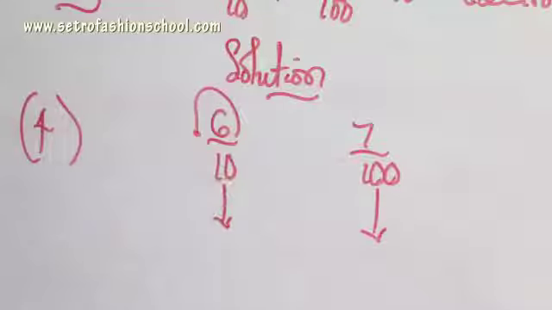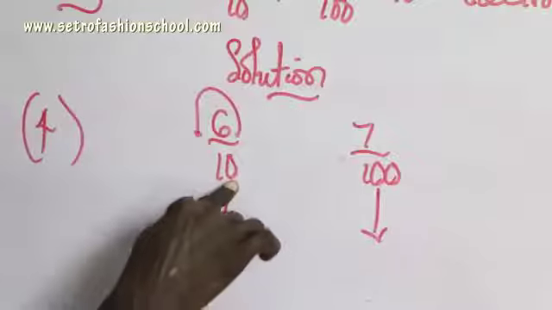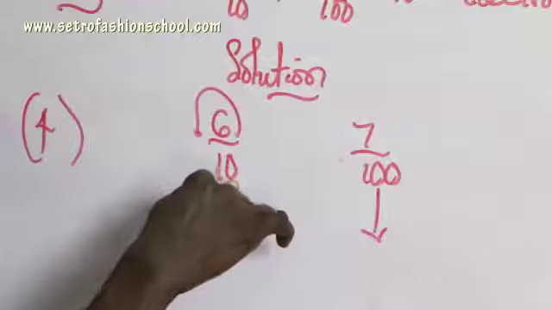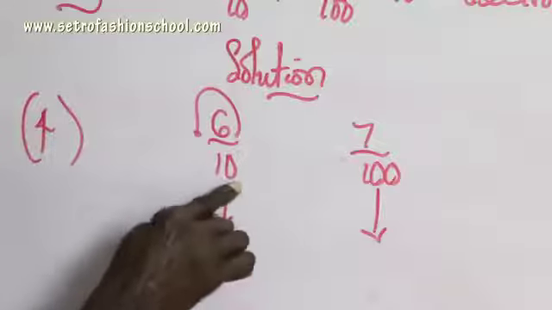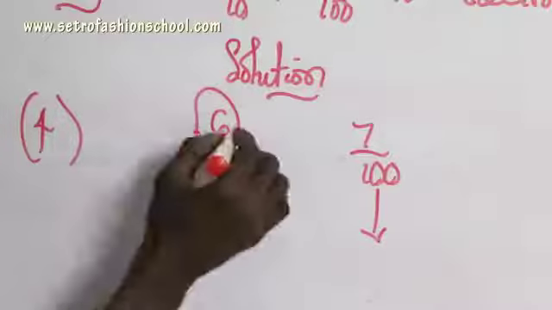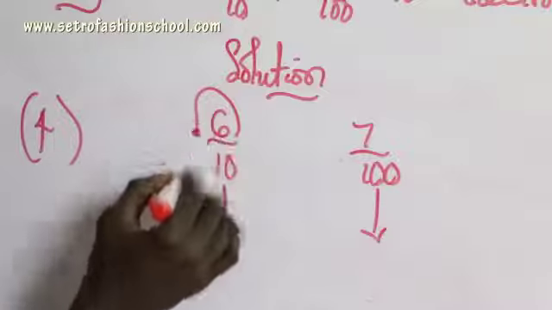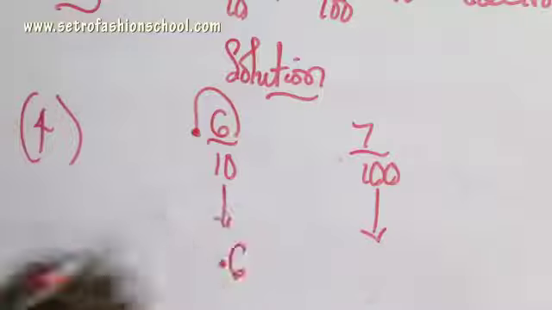Why is it once? It is once because I'm applying this technique, which is the zero. How many zeros do you have there? Just one at the denominator, the base number. That's 1 0. So you move it just once. That movement now is placement of point, which means you have 0.6.